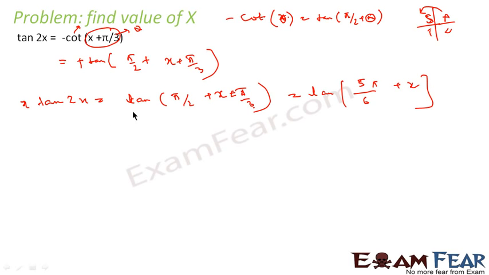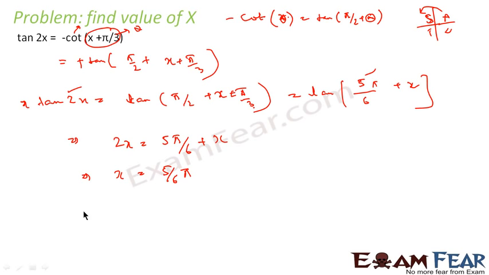Also we can equate because both are tan here, so we get 2x is equal to 5 pi by 6 plus x, or we get x is equal to 5 pi by 6. This is our principal solution.